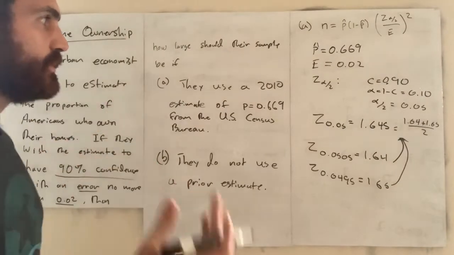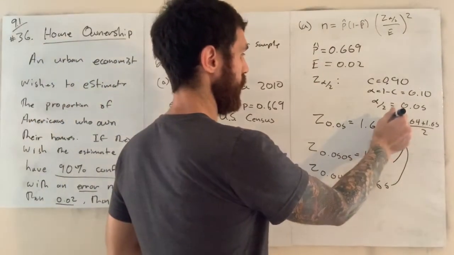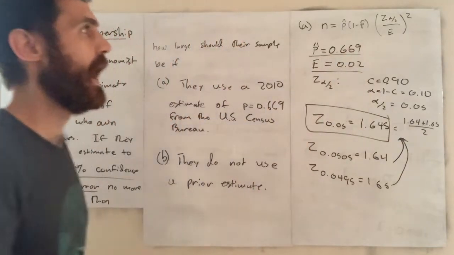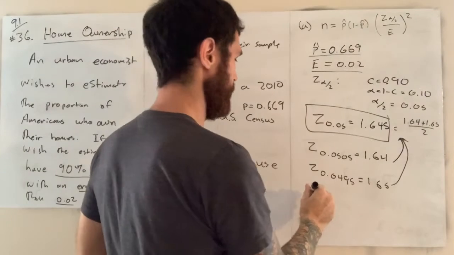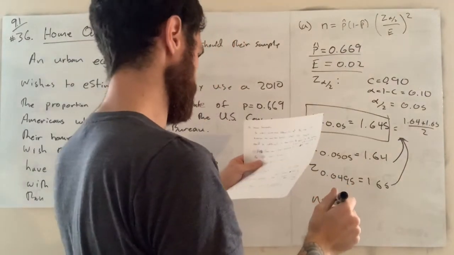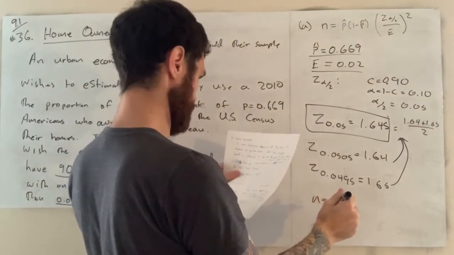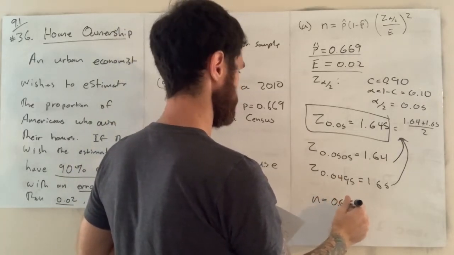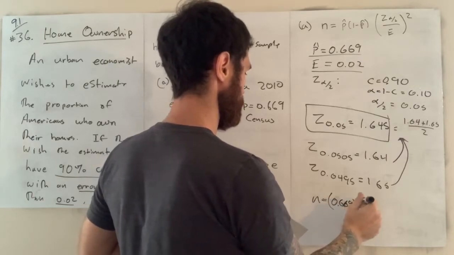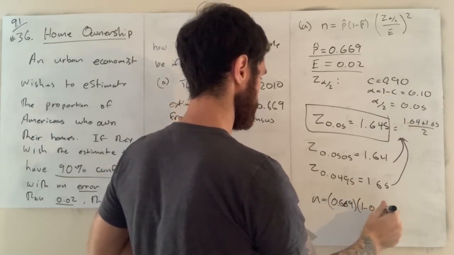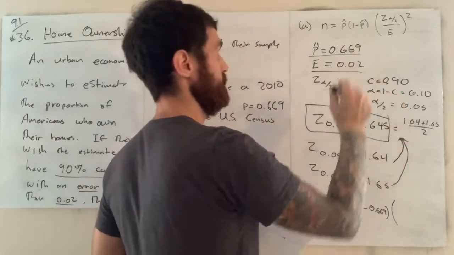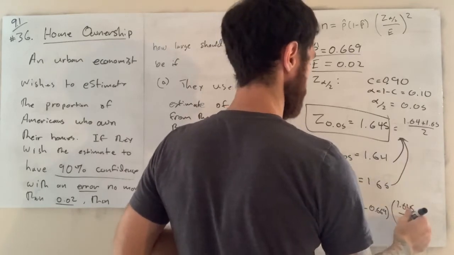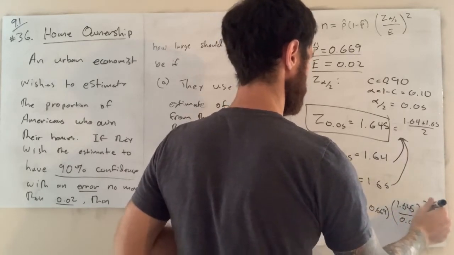Okay, so now we have our z value, our e, and our p hat. We can just plug these in and find our n. So our n is going to be 0.669 times 1 minus 0.669 times 1.645 divided by 0.02, all of that squared.